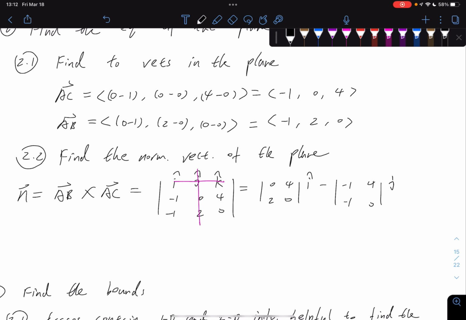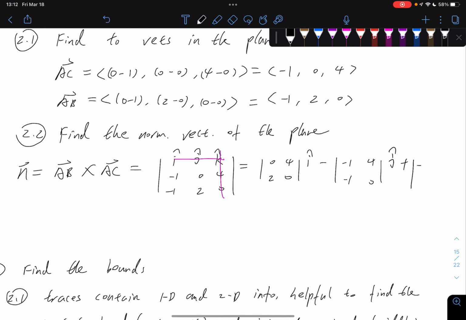And then j hat plus, and then we cross the k out, right? Crossing the k column and row out, so what's left is -1, 0, 1, -1, 2, k hat. This should give us the normal vector of the plane.